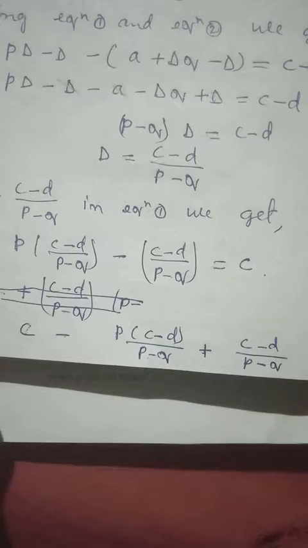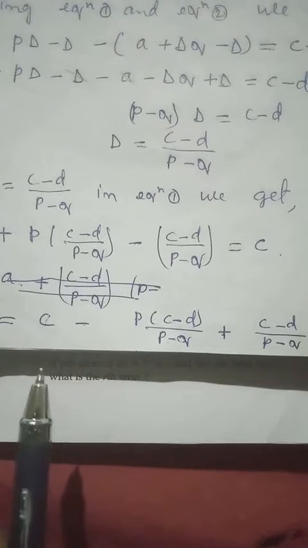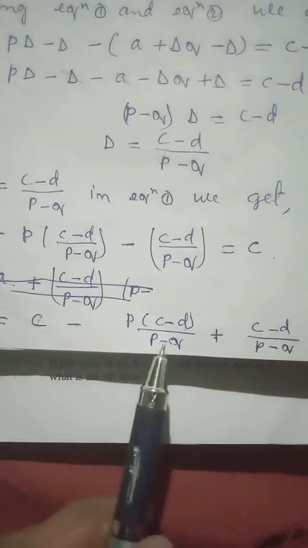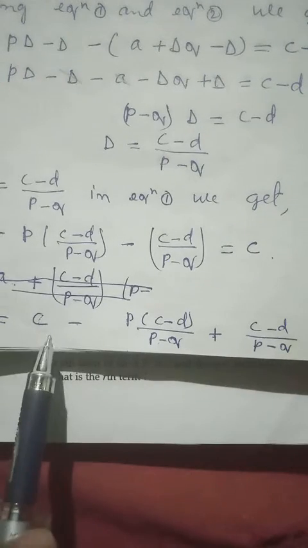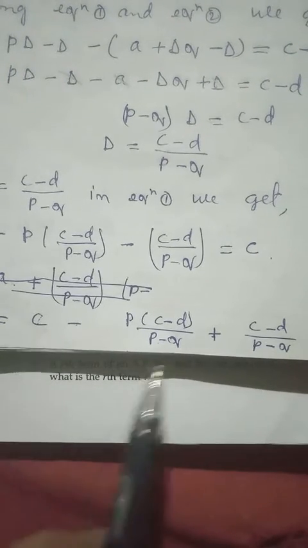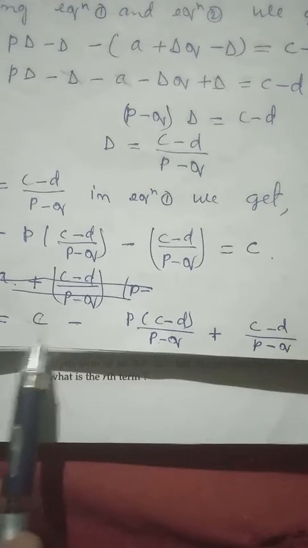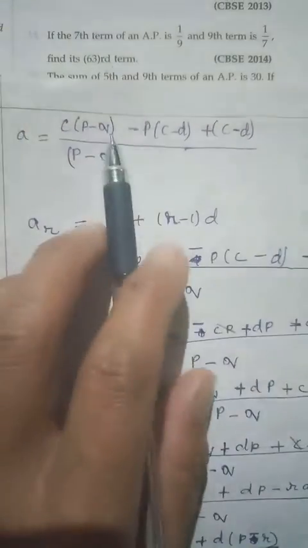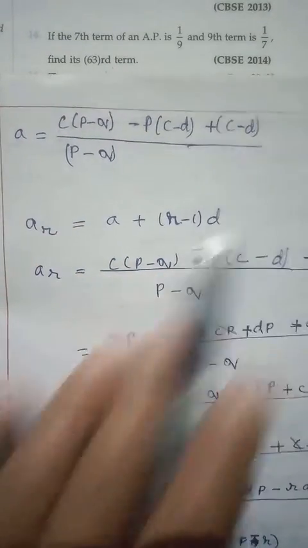We have a fraction, so let's take the LCM. The denominators P minus Q and 1 are different, so we take P minus Q as LCM. Because there is only 1 in the denominator, we multiply it by P minus Q. So we get C(P minus Q) minus P(C minus D), all over P minus Q.